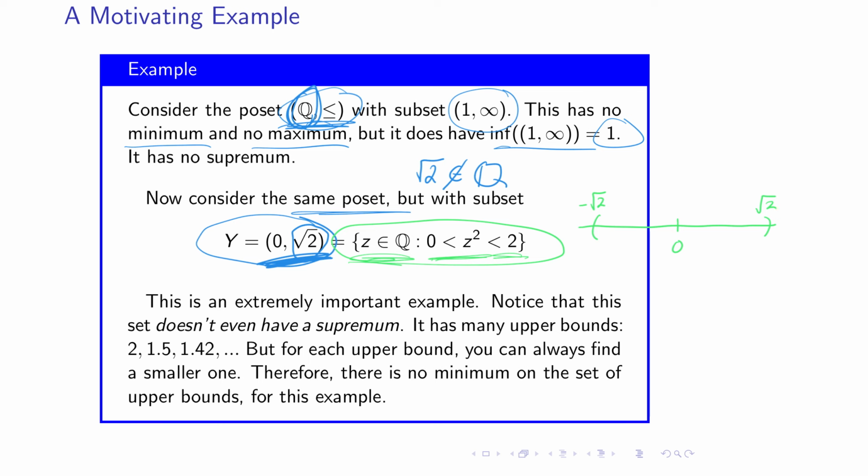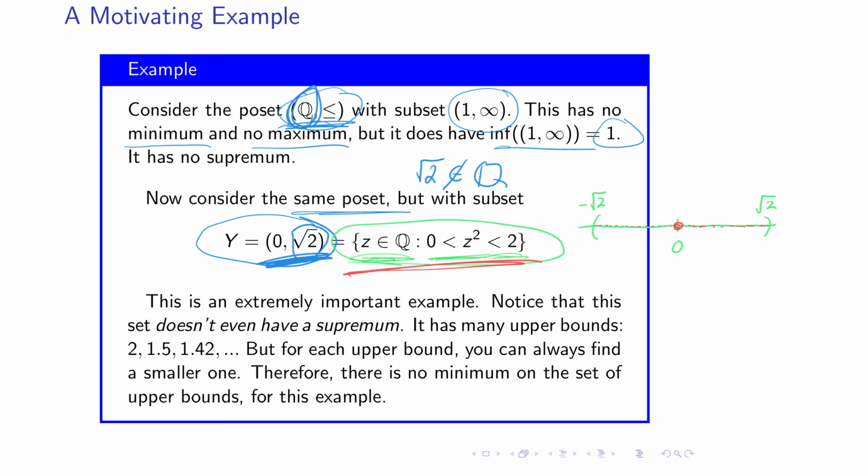Then this set would be all the rational points in between, but not including 0. 0 would be excluded. In any case, long story short, that's roughly what this set is. And this set does not have a supremum.